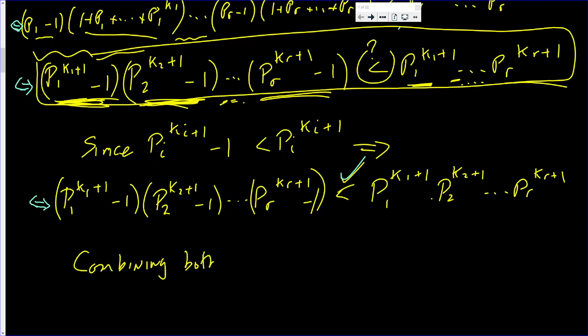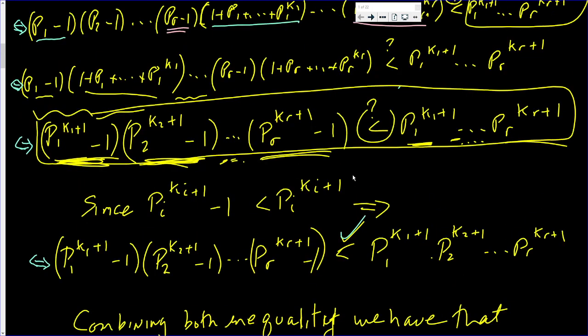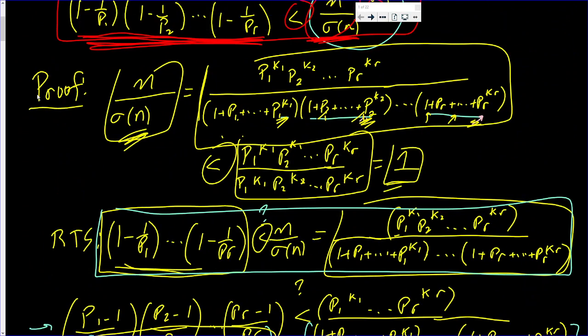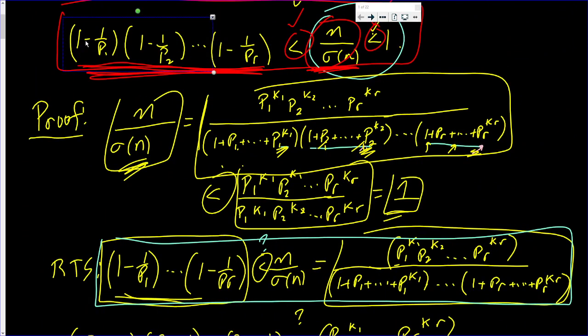Combining both inequalities, we have the following. We have that this top statement is valid. We have that this is valid. It'd be really great if I can copy it.